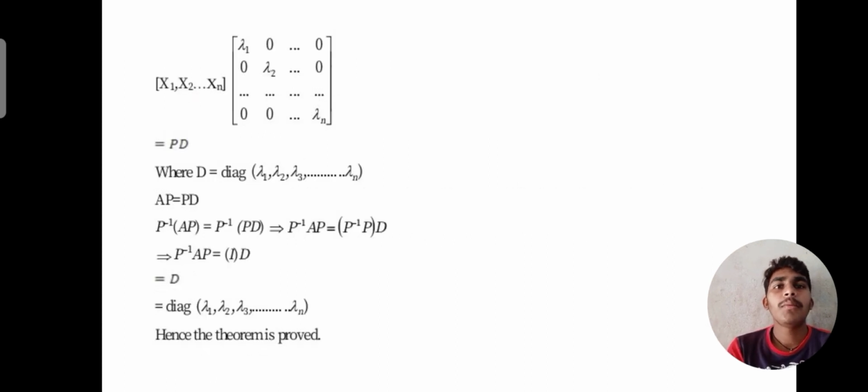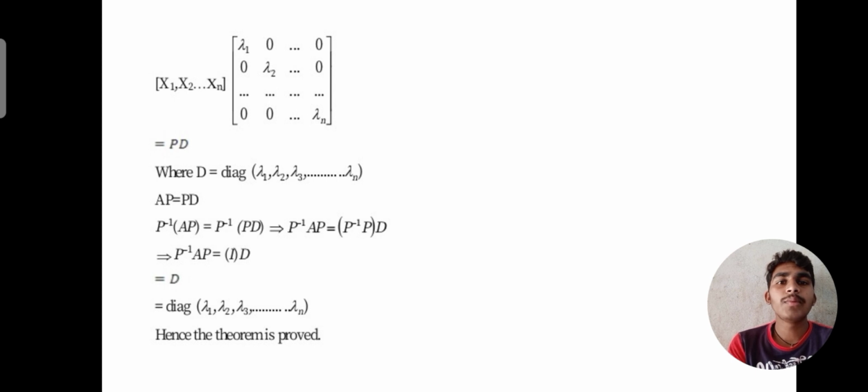So this is [x1, x2 up to xn] times the matrix with lambda 1, 0, 0, 0, lambda 2, 0, 0 up to lambda n, which is called PD, where D equals diagonal of lambda 1, lambda 2 up to lambda n. AP equal to PD.